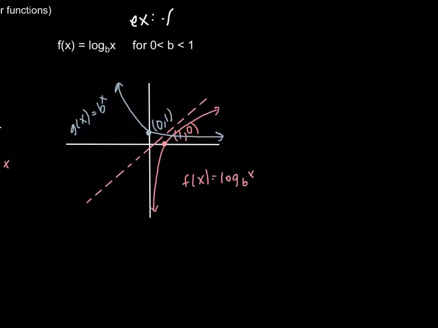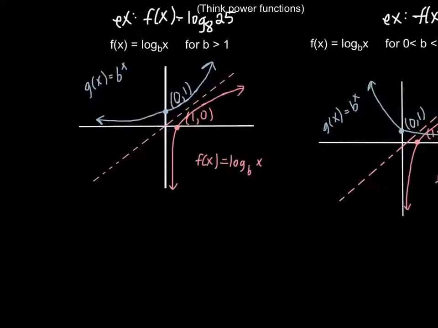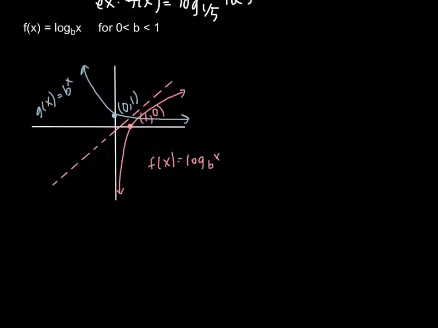So we could have f of x equals log base 1/5 of 125. We had this as an example before, and this is what its graph would look like. Instead of two graphs in a kind of hyperbola, we have this graph here and this here.